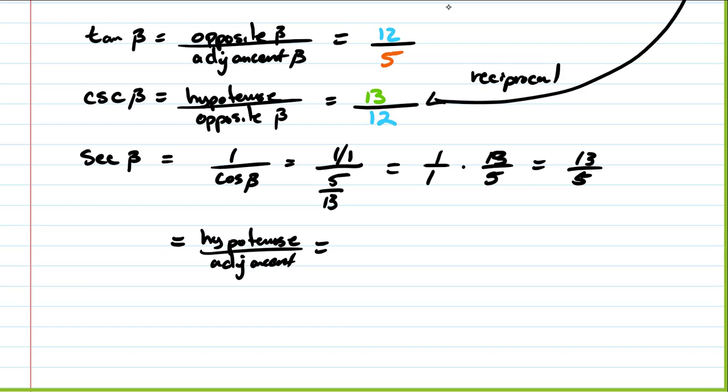And the hypotenuse is still 13, and the adjacent is still 5. And we get the same value. So we can define our trigonometric ratios as the reciprocals, or by the base definition, which was just hypotenuse over adjacent in this case.